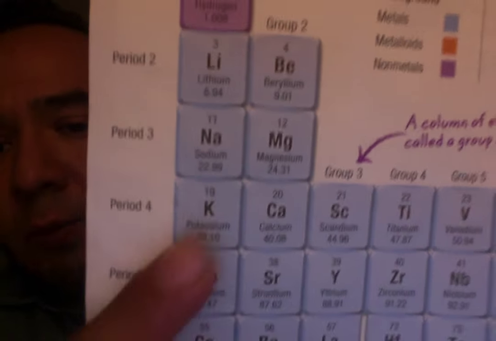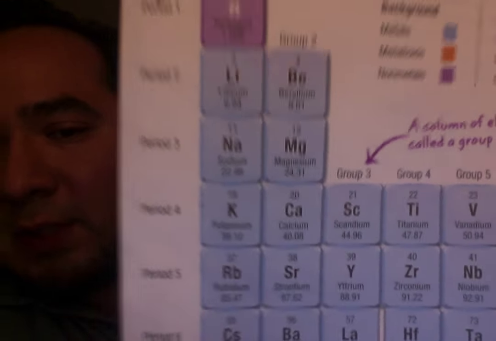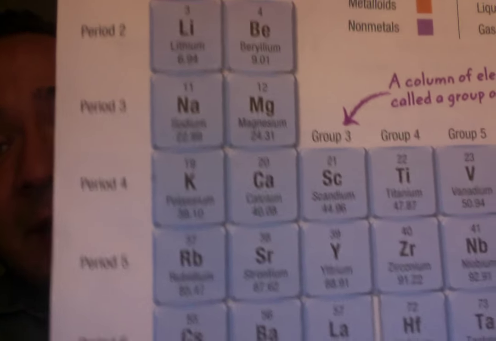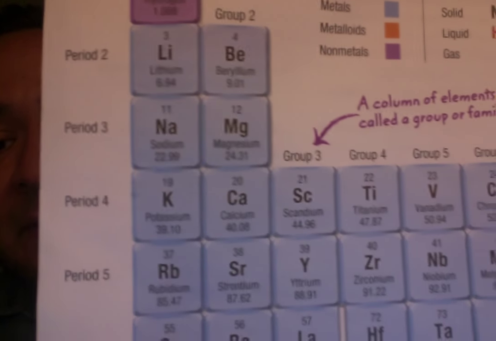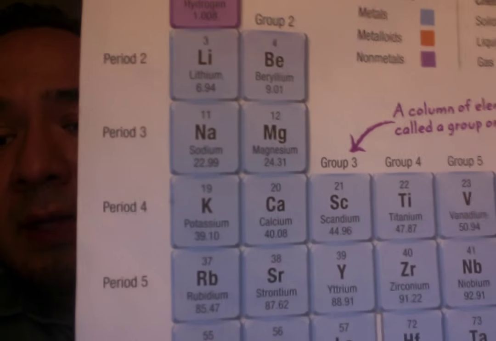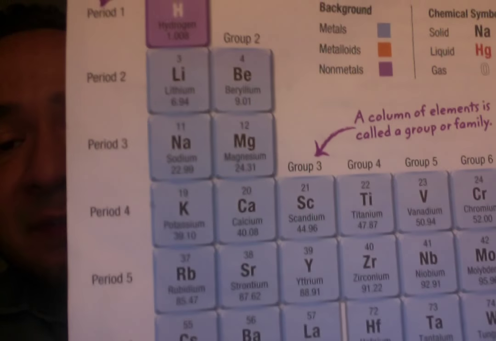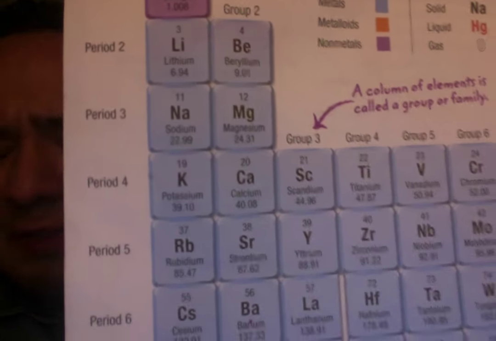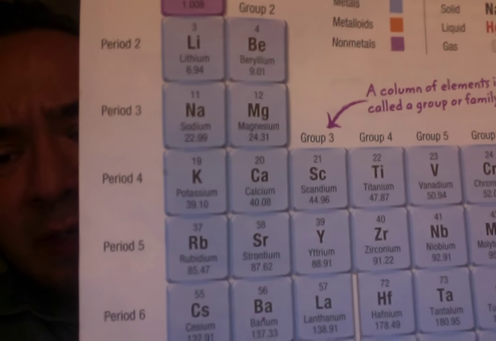If I were to add one more proton to calcium, it would become scandium. Now, by the way, this is very important, so listen. The atomic numbers tell you the amount of protons there are. And the mass of the proton is 1 AMU. That's just how much stuff is inside of the proton.